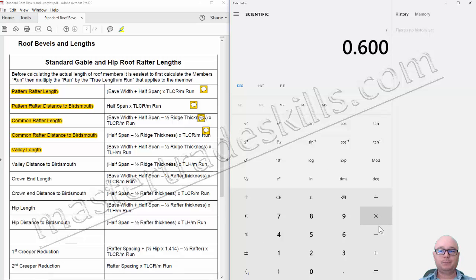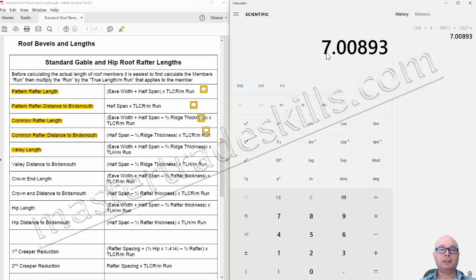We add the half span, which was 4 metres, and we subtract the ridge thickness, which is 10 millimetres, and in metres that is 0.010. Close the bracket, so our run for the valley length is 4.590, and we multiply that by our true length of hip per metre run, which was 1.527.